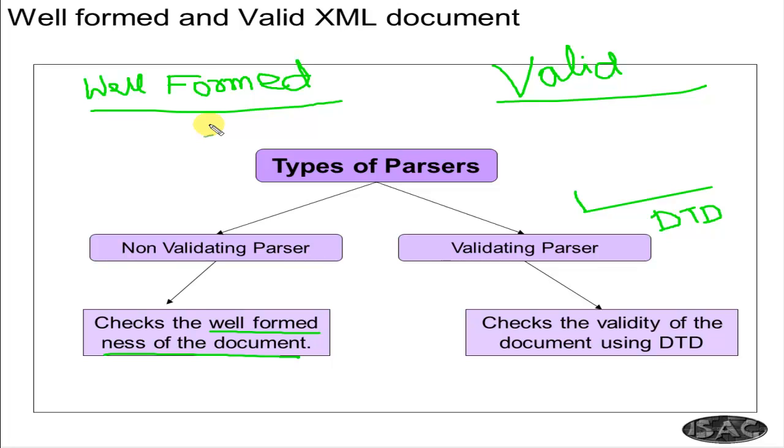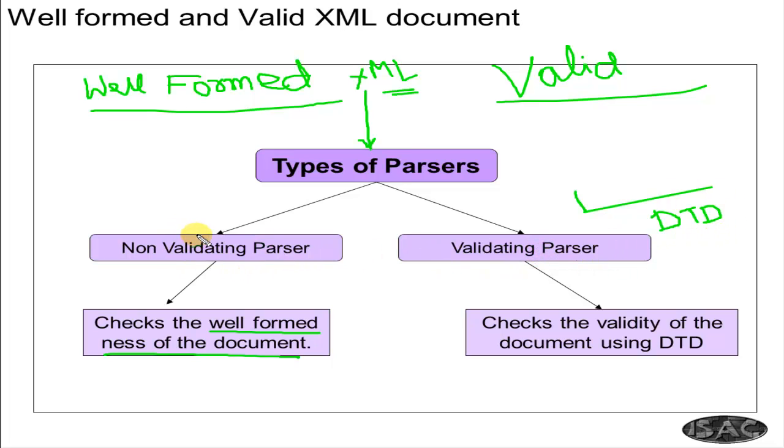Okay, is everything clear? Or let me just repeat. A validating parser will validate an XML document. So let us assume that you get the XML document. Okay. So this is the XML document you are getting, and it goes to the parser. It could be non-validating or validating. If it is validating, then it will check against the DTD.